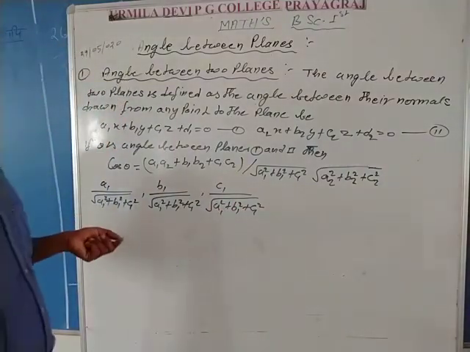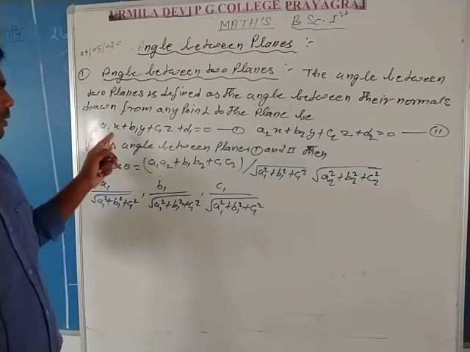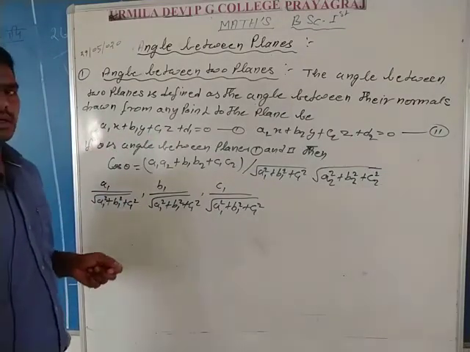These are the direction cosines of the normal to the first plane.